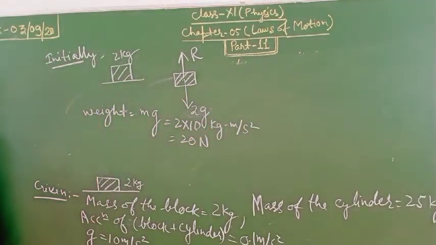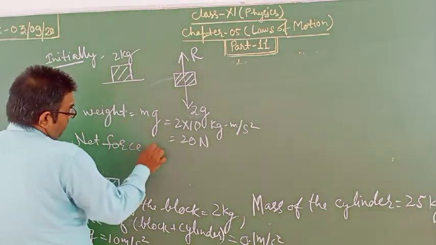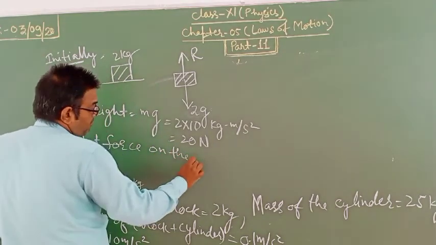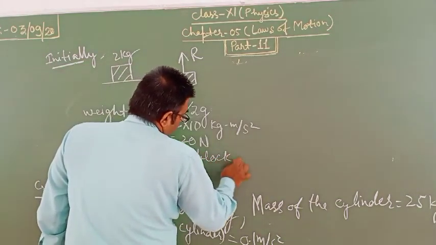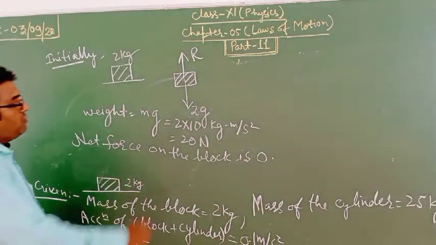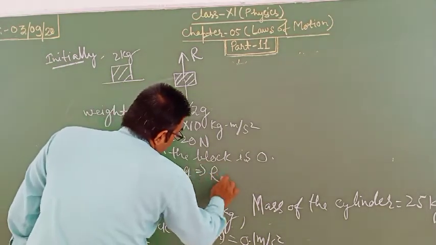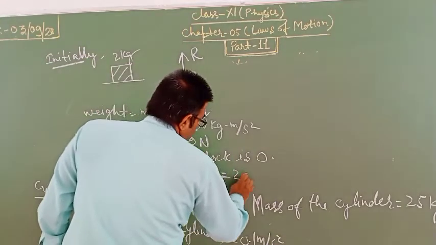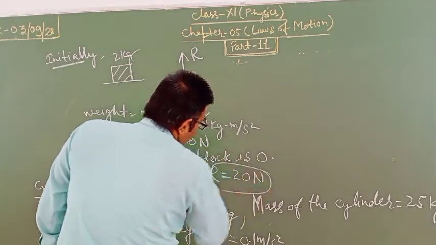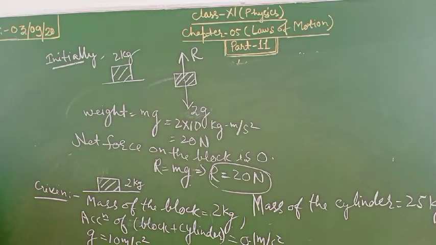The net force on the block is 0. Since the net force on the block is 0, R is equal to mg, so R is equal to 20 Newton. Means initially the normal reaction is 20 Newton.